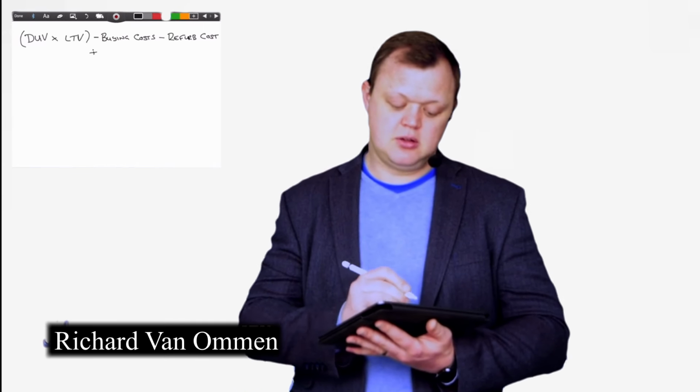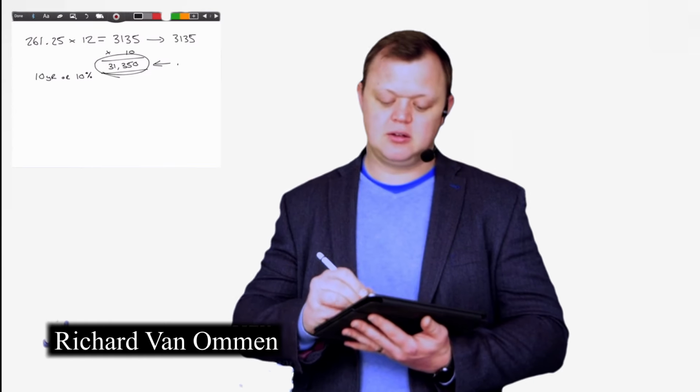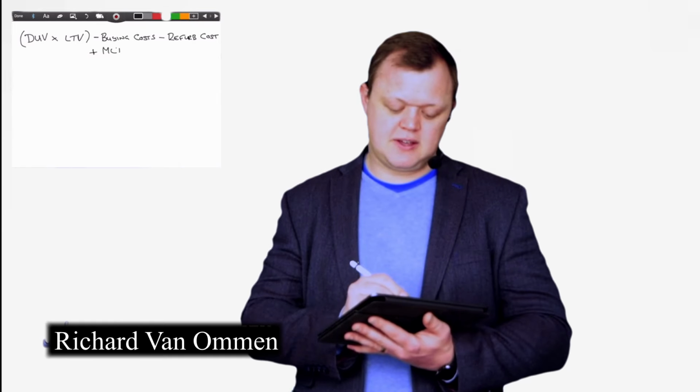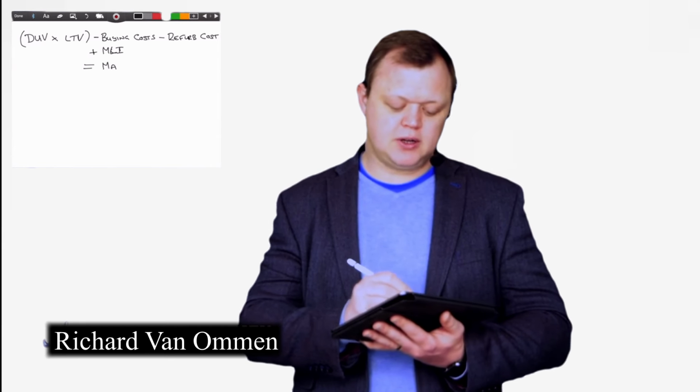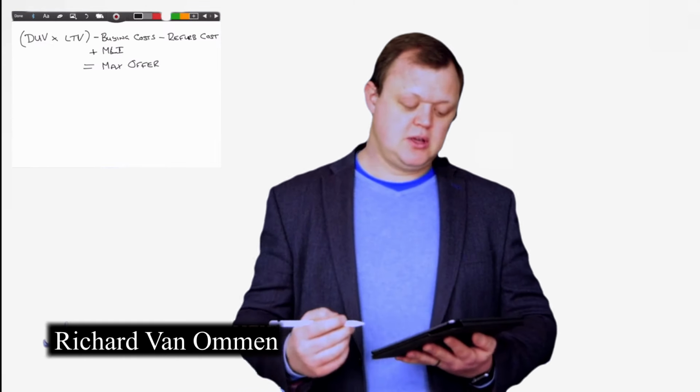And then finally, you're going to be adding this figure over here, which is the amount of money you're willing to leave invested in this deal. So money left invested. Now, once you've done this, this will give you your final maximum offer. Very simply, this is how it works. This is your maximum offer amount.